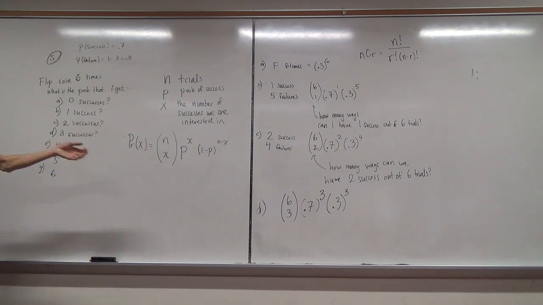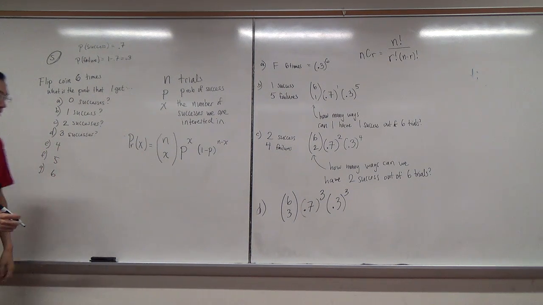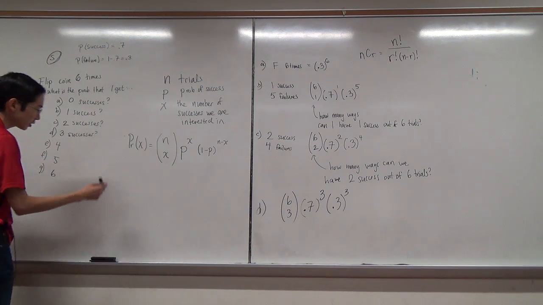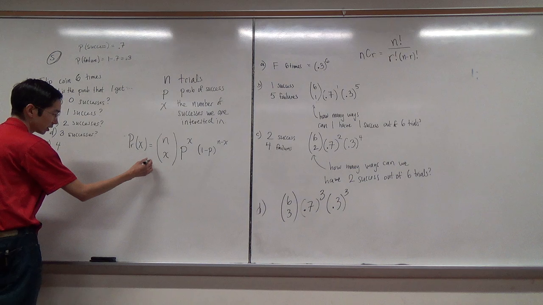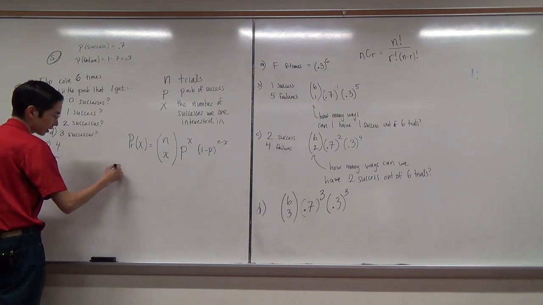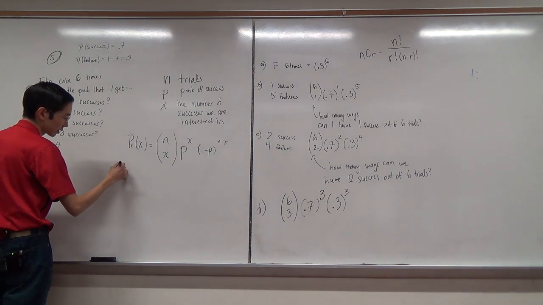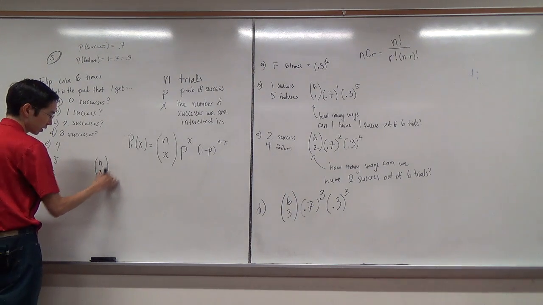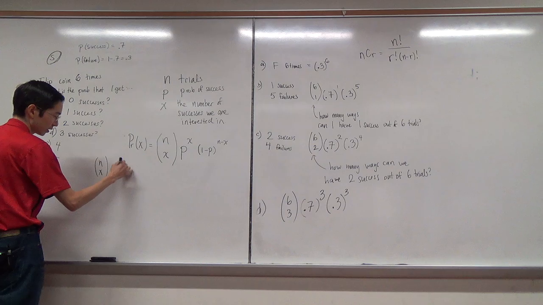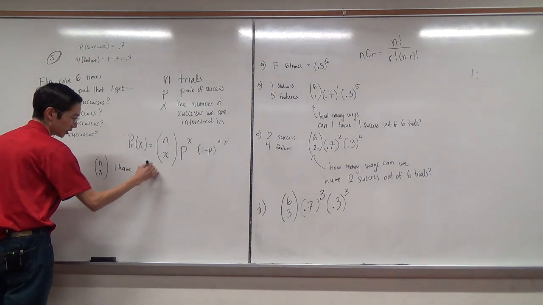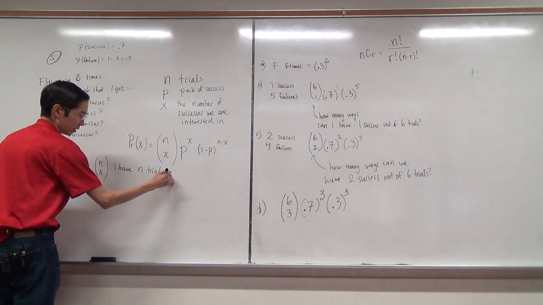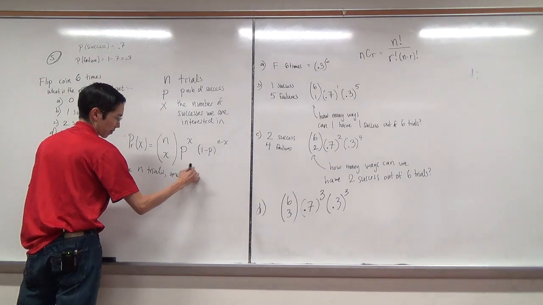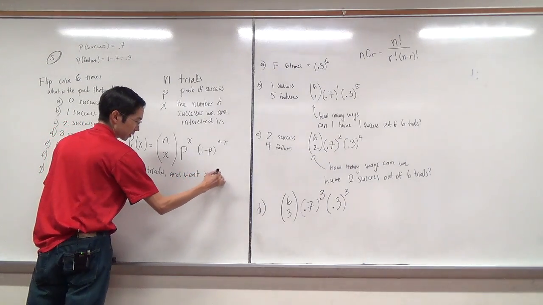Okay. Well, you'll have your note sheet, but it's rather simple. Just as you're writing n choose x, say, I have n trials and want x successes.